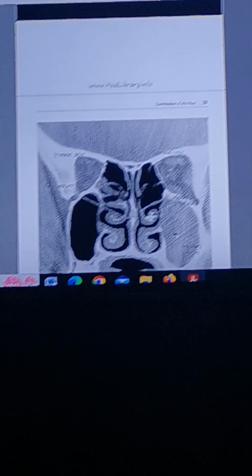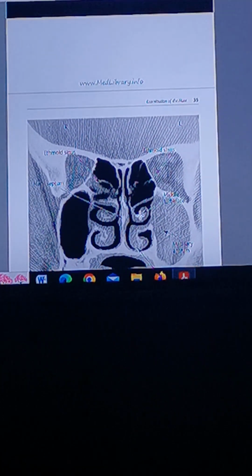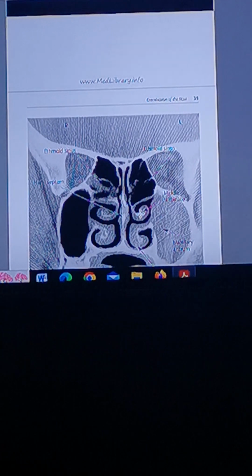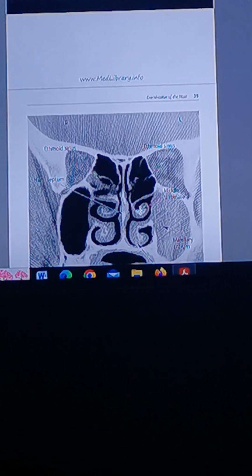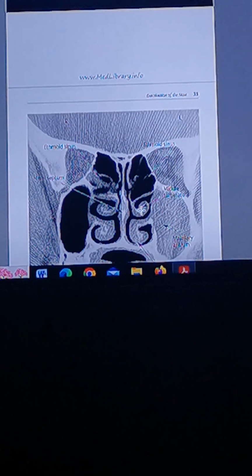This is the inferior turbinate, and this is the middle turbinate, which is very important to us as an anatomical landmark in case of paranasal sinuses surgery.